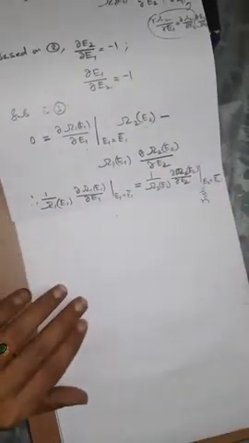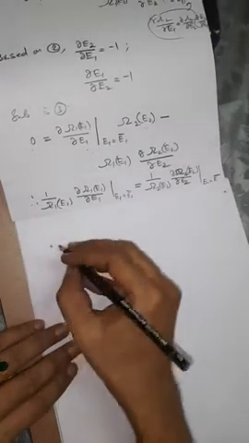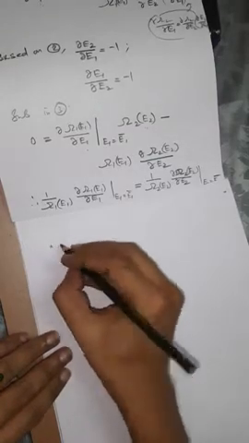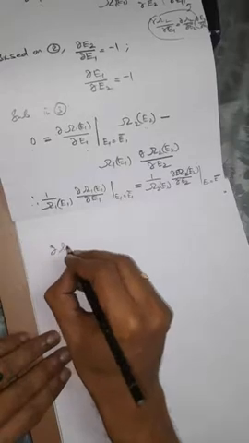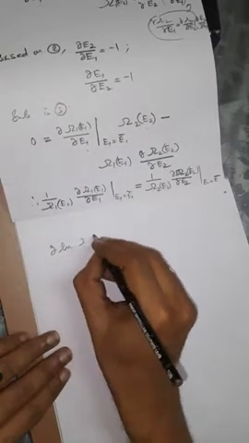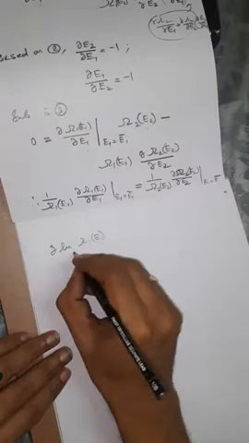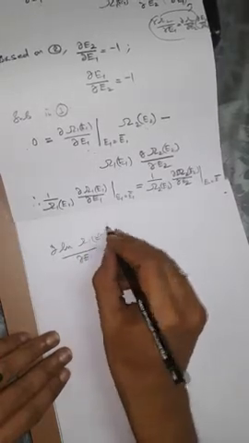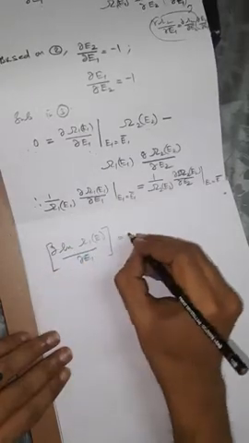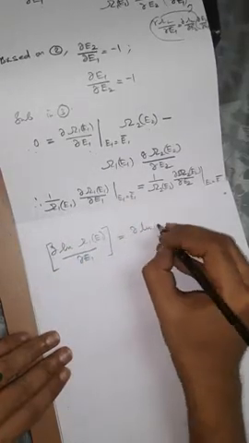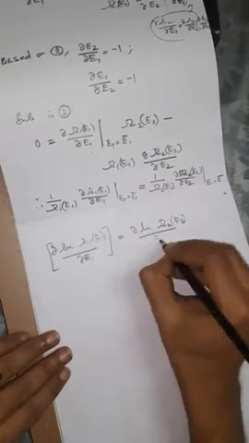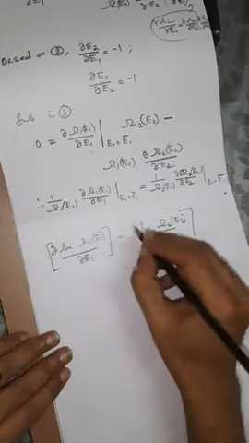So if I consider one of them, I can write it as dou of ln omega 1 E1 divided by dou E1 is equal to dou of ln omega 2 E2 divided by dou E2.